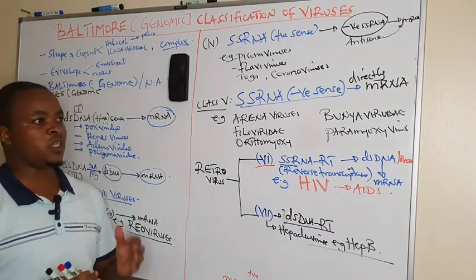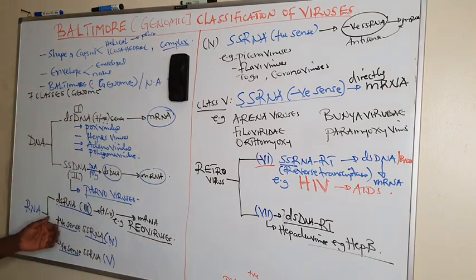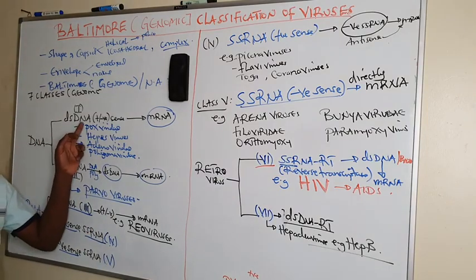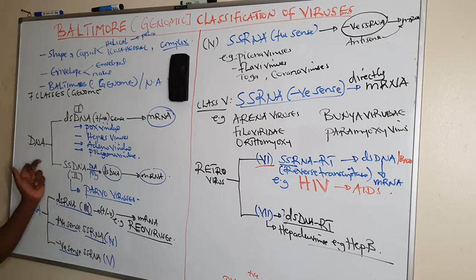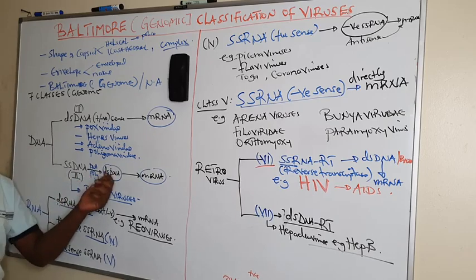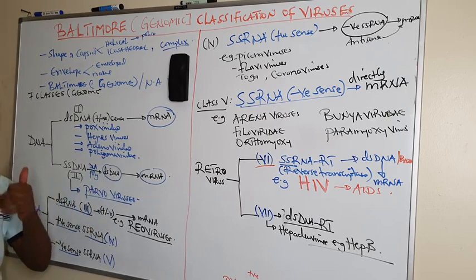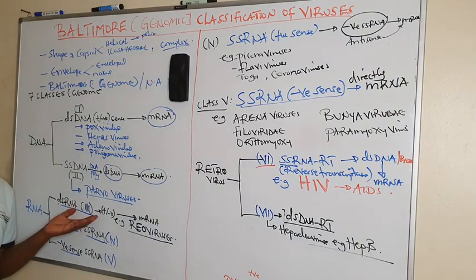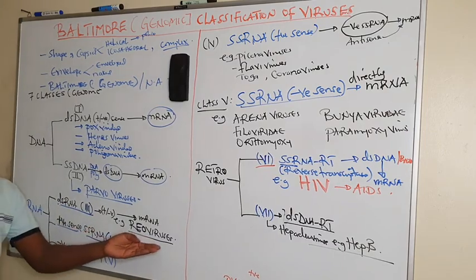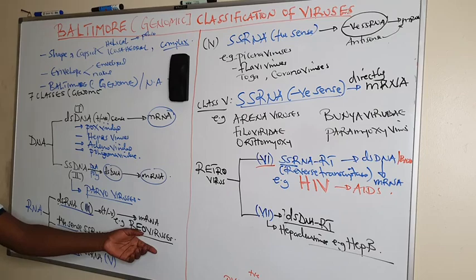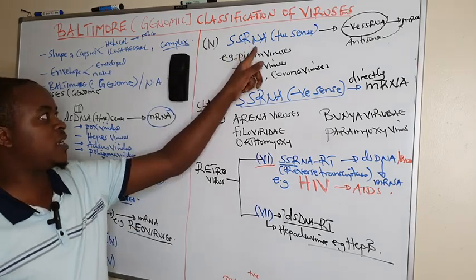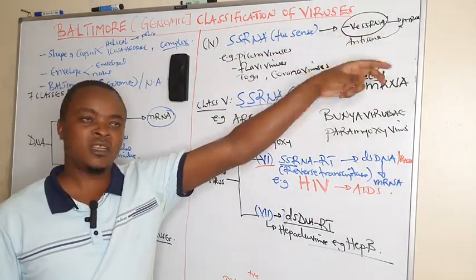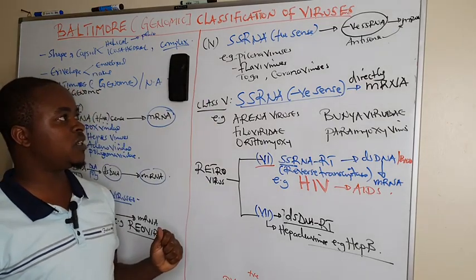So in summary, under Baltimore classification, we have seen 7 classes, whereby we have seen class 1 for double-stranded DNA. Then we have seen class 2, which is single-stranded DNA and an example is only parvoviruses. Then we have seen class 3, which is double-stranded RNA. They are also rare. We have only reoviruses. Then we have gone ahead to look at class 4, which is single-stranded RNA with the positive sense, which are first converted to negative sense to be transcribed, to form a messenger RNA.